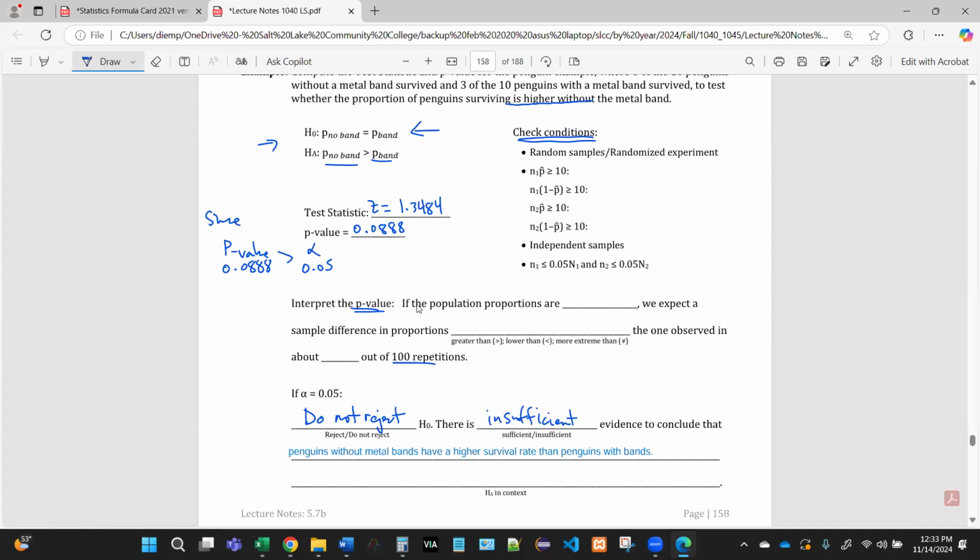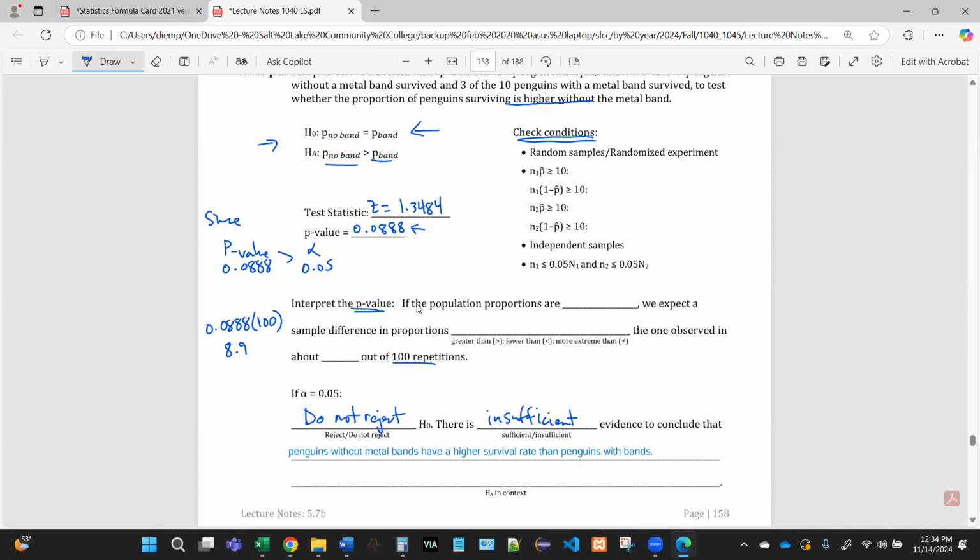Okay, what this p-value means is the likelihood, assuming that the null is true. If there's no difference between the groups, then we have about a 9% chance of getting the difference we got or more extreme, right? So if we did this experiment 100 times, that would give us about 8.9.